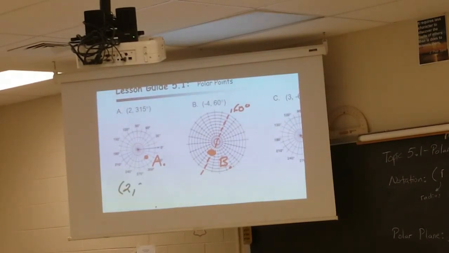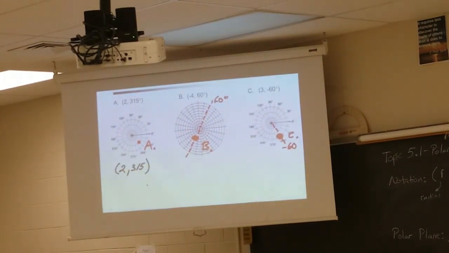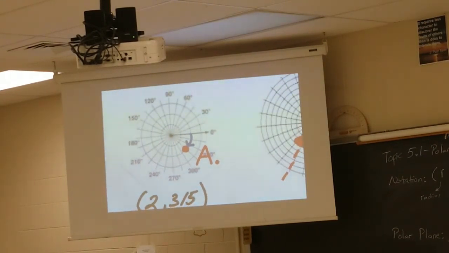You see, letter A was described with the numbers 2 and 315. But I actually could get to that point with a different angle, right? If you think about it, I could get to that point by rotating negatively.